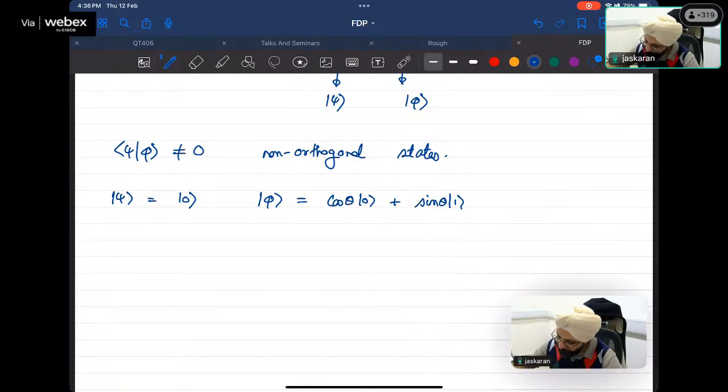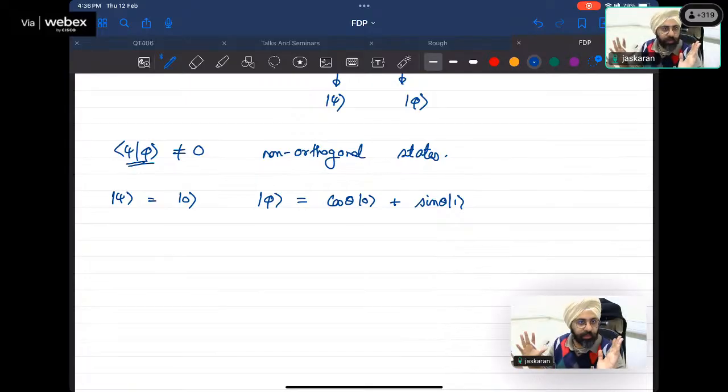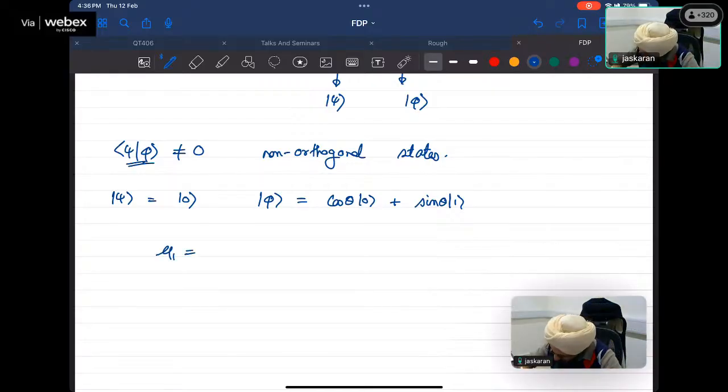For arbitrary values of θ, we generally have that the inner product between them is not equal to 0. Now, if I choose the same setting, maybe I don't change anything, how best can I distinguish between these two states? So I use the same setting μ1, which is a projective value measure.